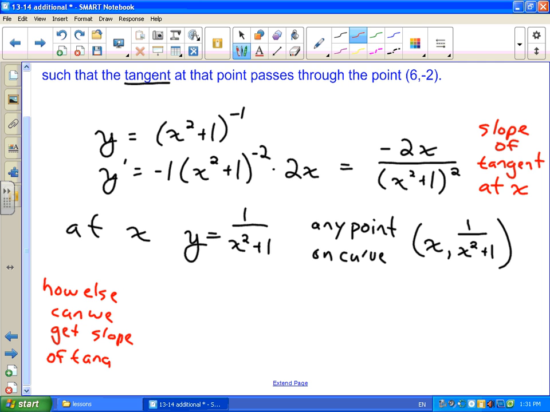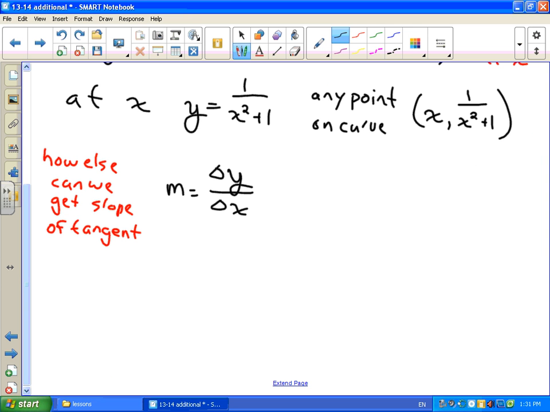Well, what kind of a line is our tangent? It's going to be a straight line. So our slope is change in y over change in x. Do we know two y values and two x values that are on our tangent?